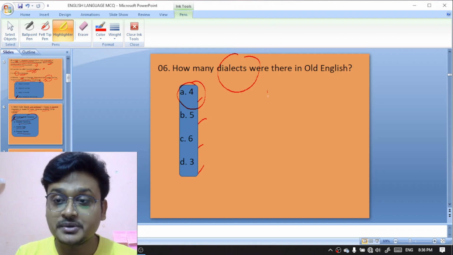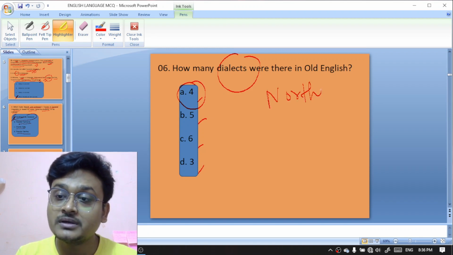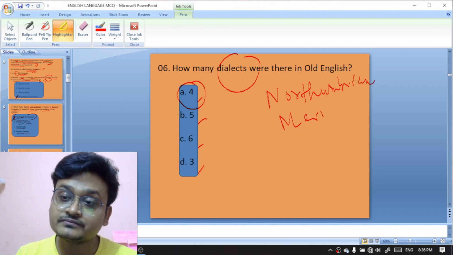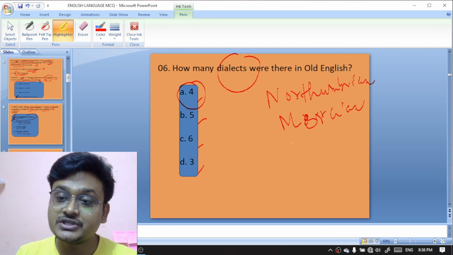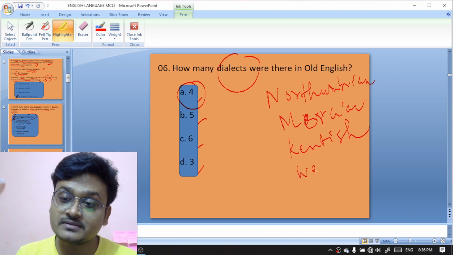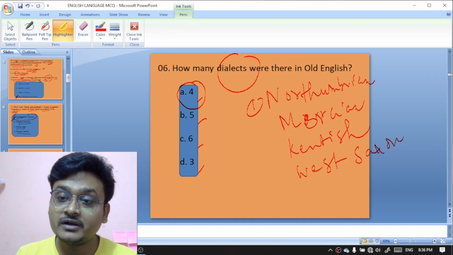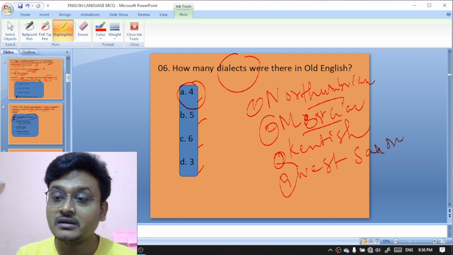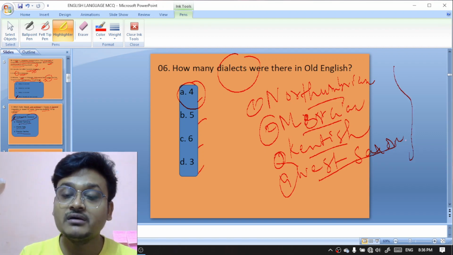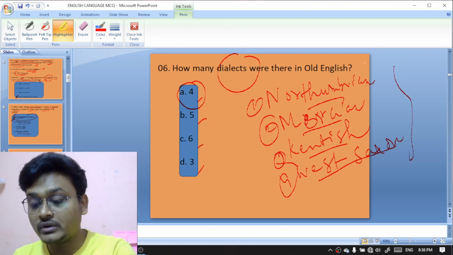First was Northumbrian, then Mercian, Kentish and West Saxon. These were the 4 dialects in Old English.